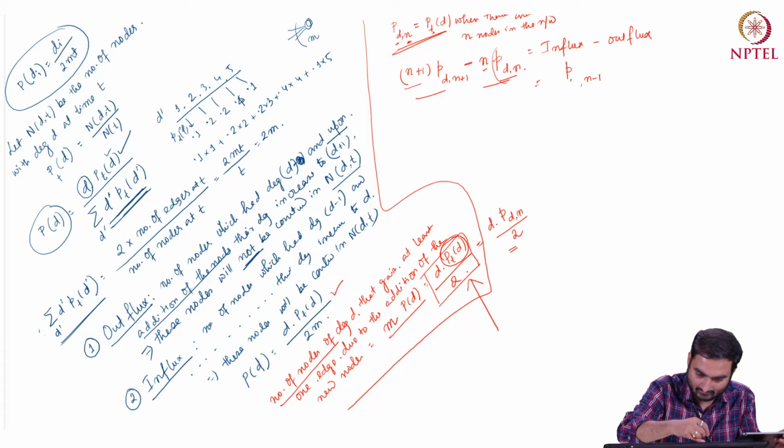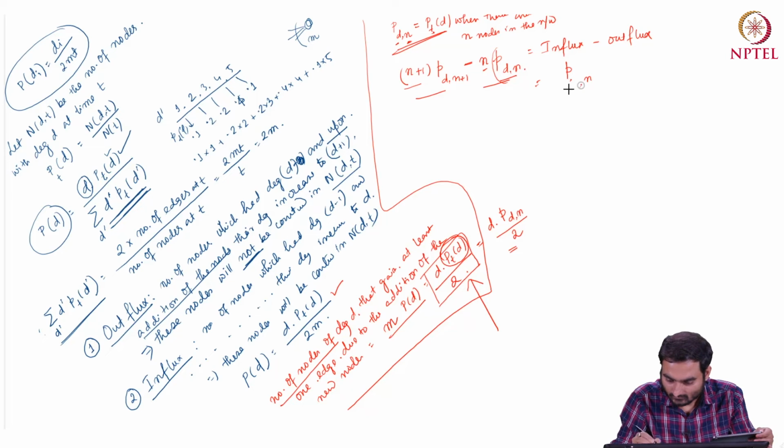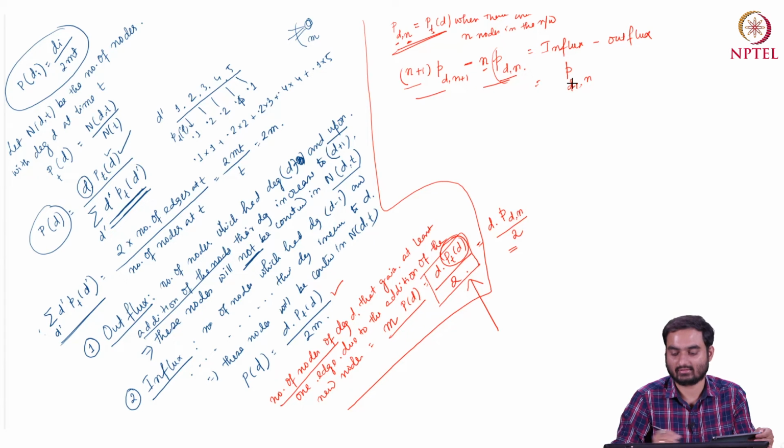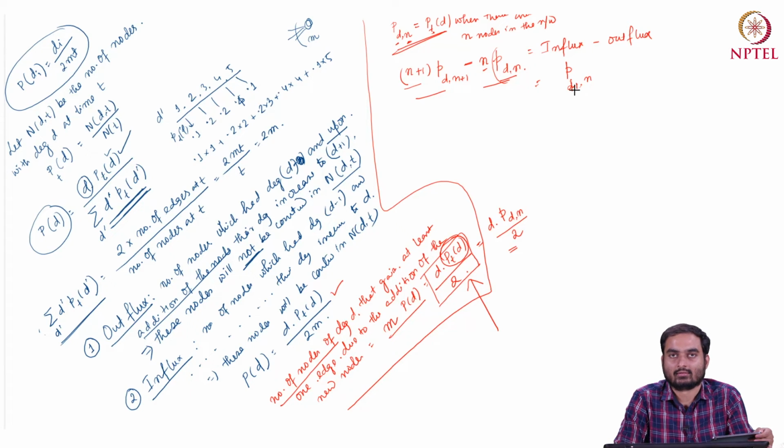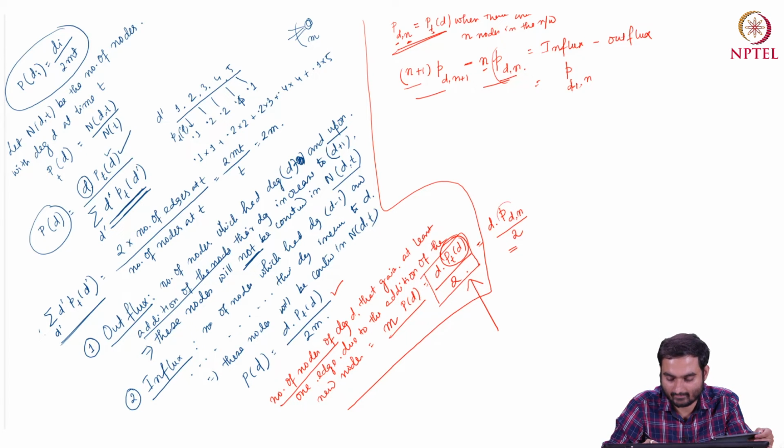When the system had n number of nodes, how many nodes were there with degree d minus 1? This is the fraction, p d minus 1 comma n. P d minus 1 comma n is the fraction of nodes with degree d minus 1 when there were n nodes in the system.